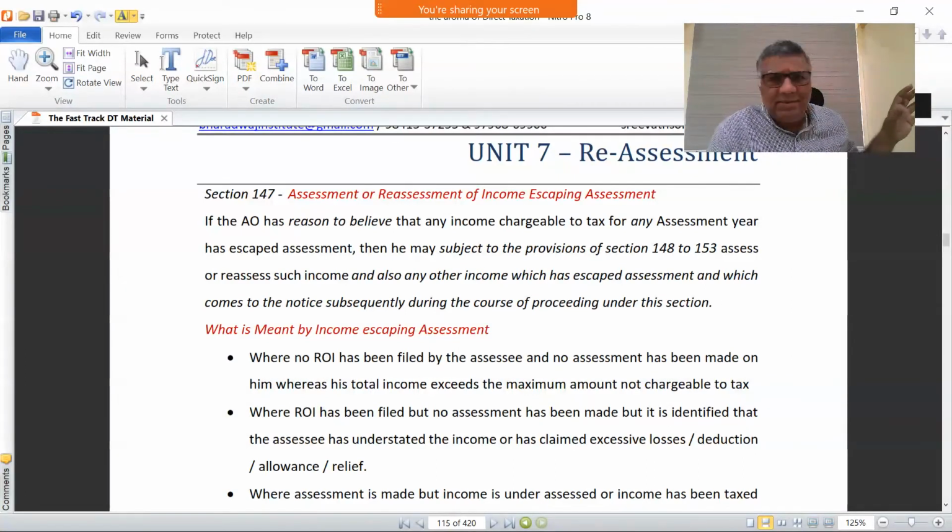He checks that the time limit for issuing a scrutiny assessment notice is over. But he has authenticated proof that I have not disclosed my income properly.